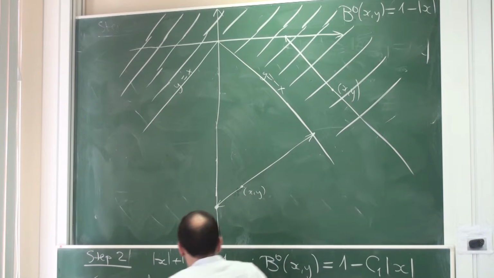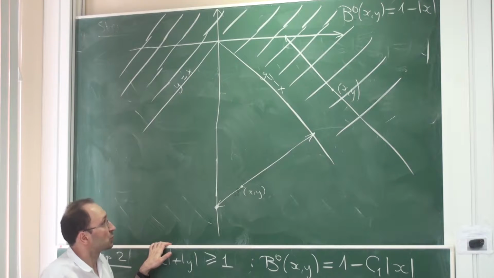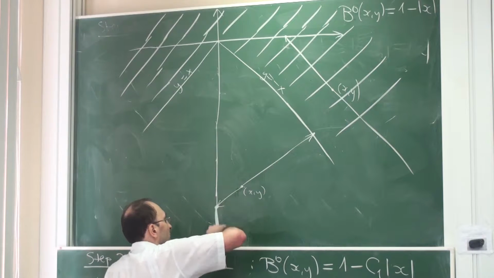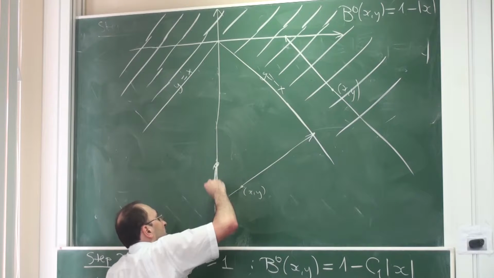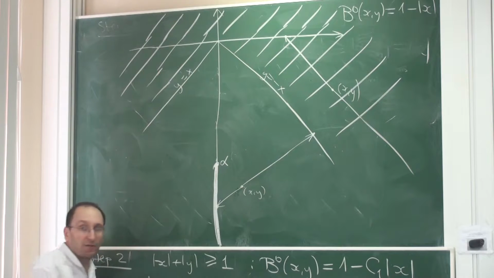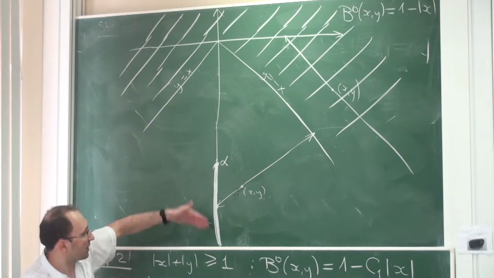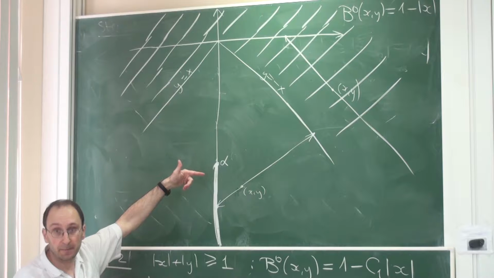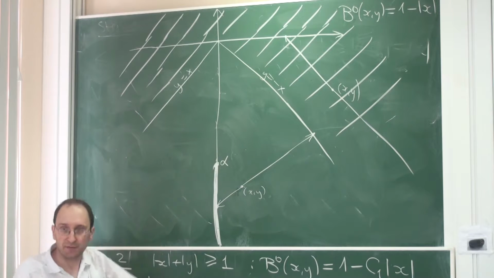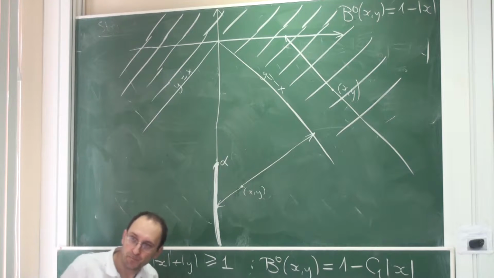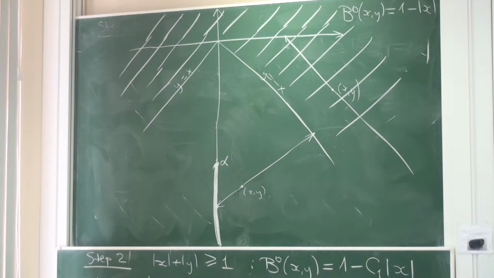In other words, it's reasonable to assume that this stopping region has the following form: there is some constant, say alpha, such that on such a half line, this B coincides with V, so this belongs to the stopping region, and everywhere else you have the continuation region. So that's hand waving, but that's how it works, at least for me.